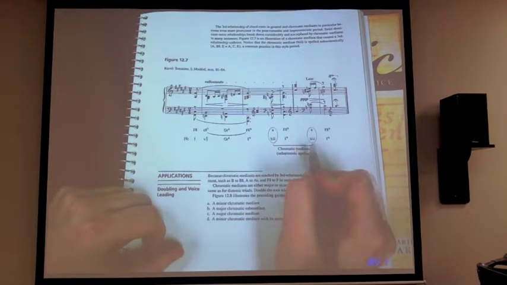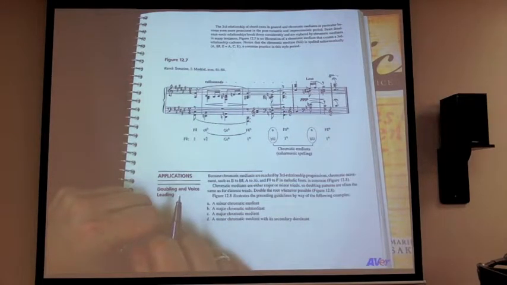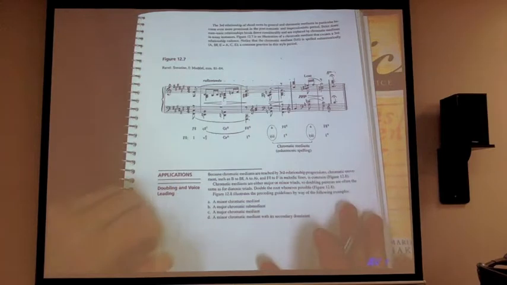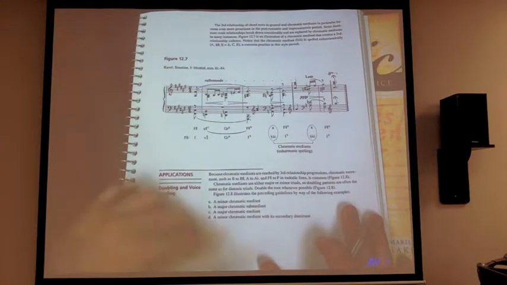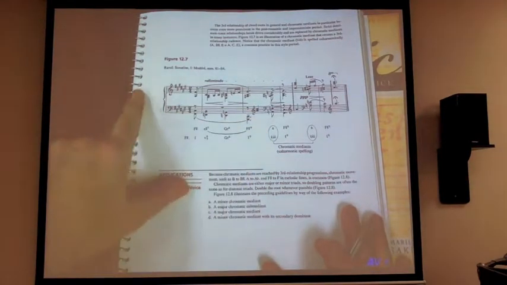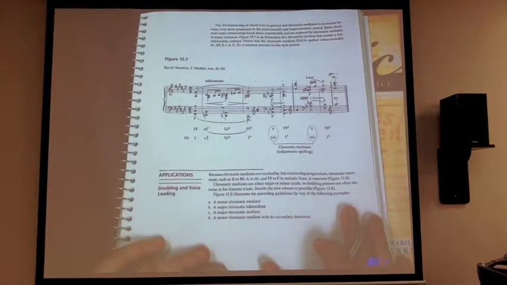So in this case, it's still a lowered minor 3rd. It's just lowered down to A natural from all these sharps, okay?